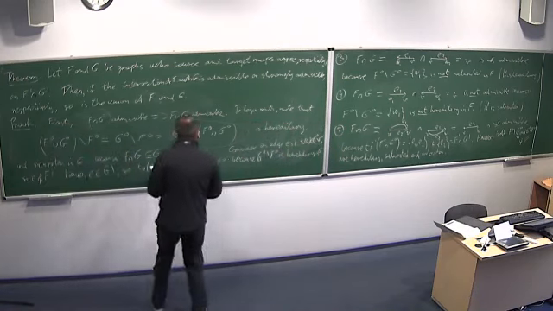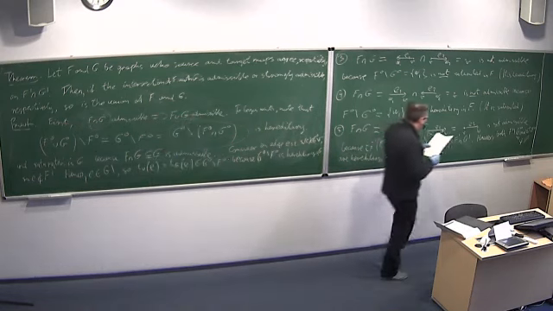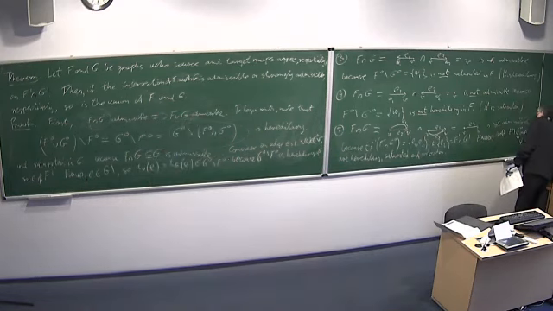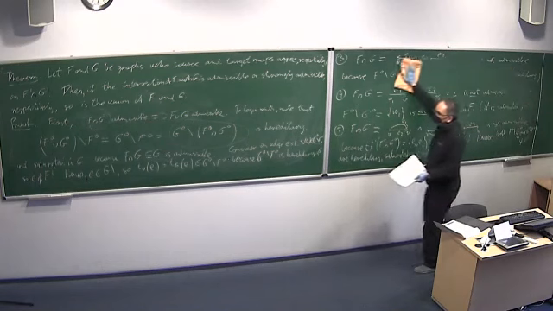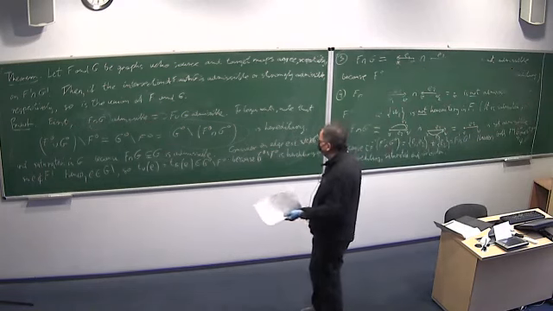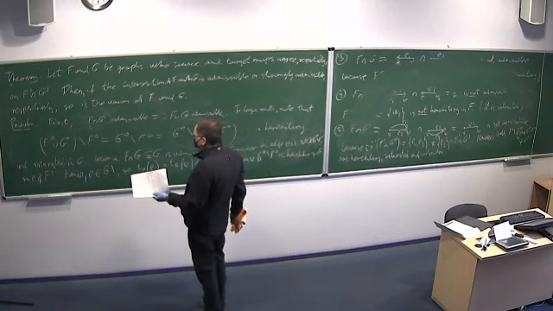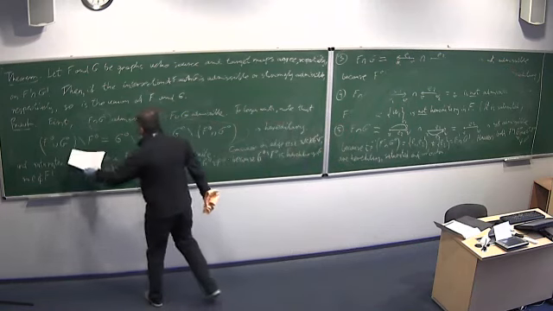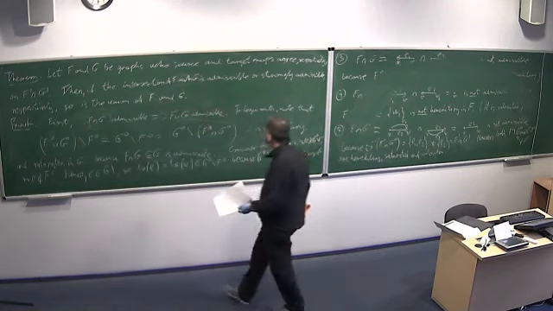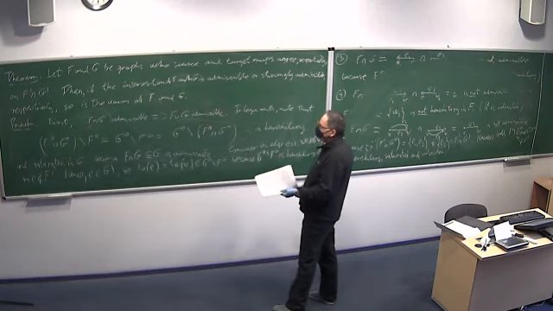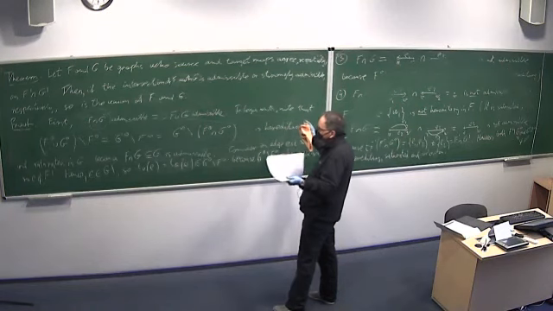Let me write it down on the next blackboard. And it follows because of the way we started, okay? We took a vertex in this set, which happens to be equal to that set. And we considered an edge beginning in the set in the sense of a union graph.